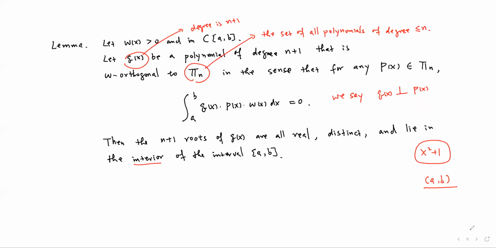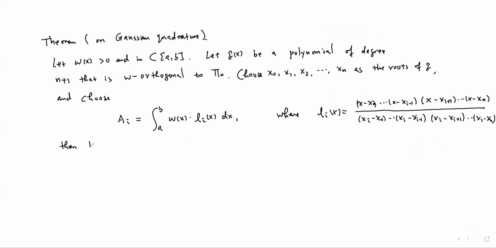Then formula 1 is exact for all functions f in this set, the set of polynomials of degree not greater than 2n plus 1.